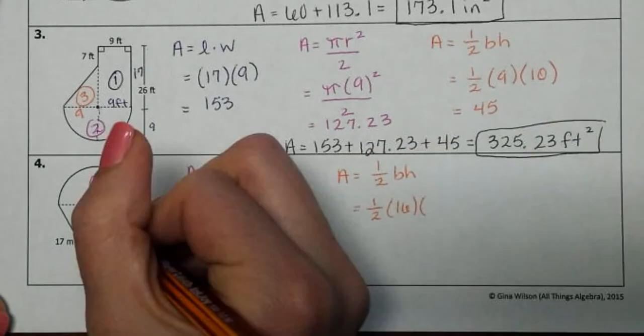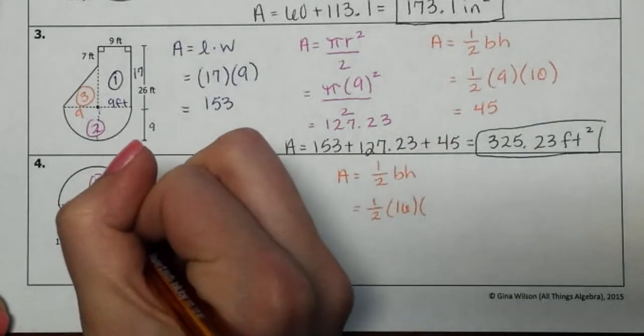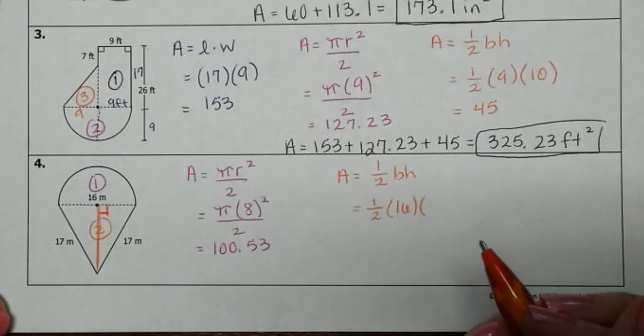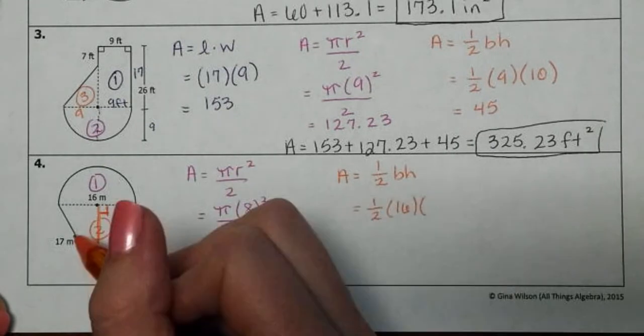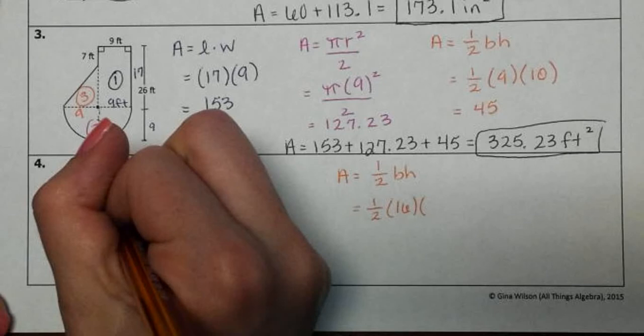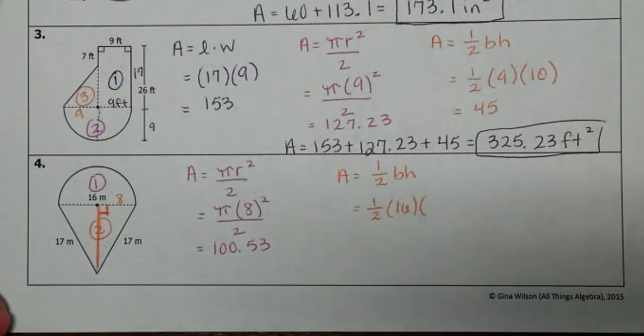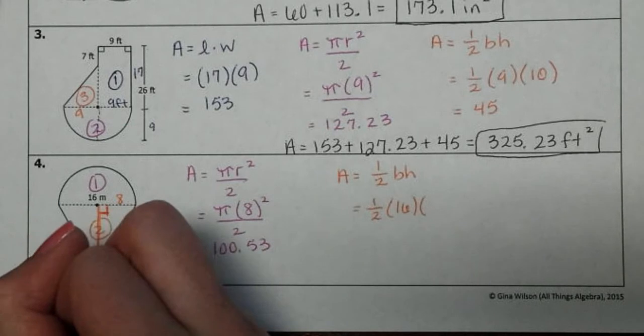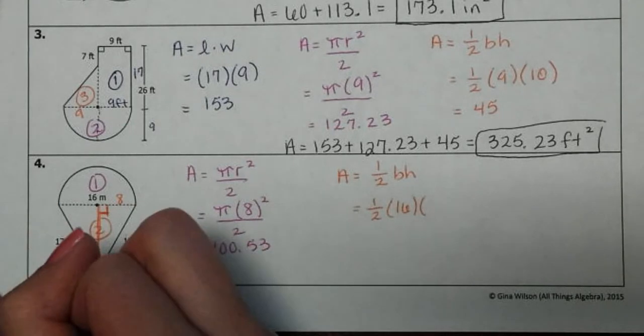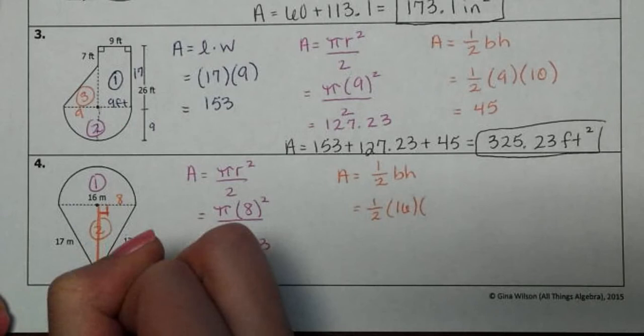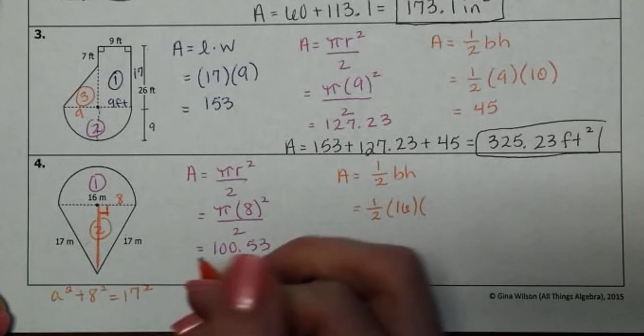But I just broke this triangle up into a right triangle now. I could find out what the height is by using Pythagorean theorem. This piece is 8, this is 17. So let's do Pythagorean theorem off to the side. A squared, that's what I'm going to call it, plus 8 squared equals 17 squared. Go ahead and solve.